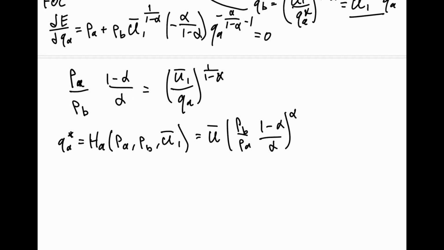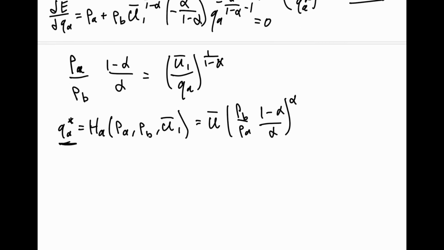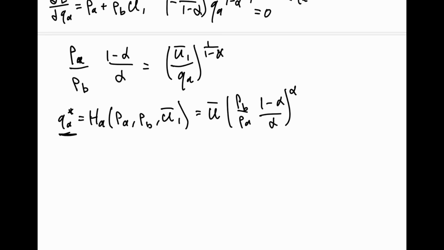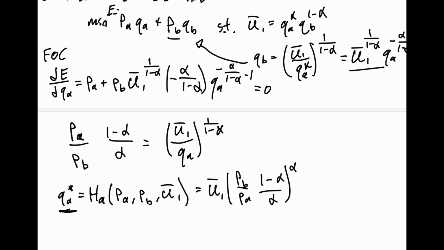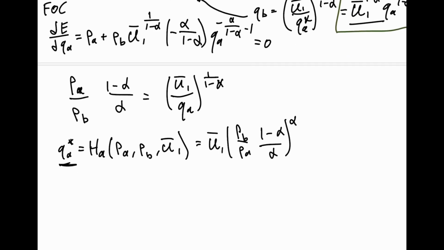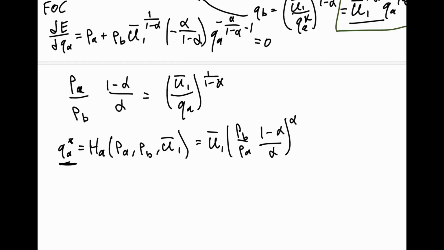And so what we can do is then take our QA star and plug it back into the indifference curve. So we have this thing here. We plug it back in, and that gives us QB star.